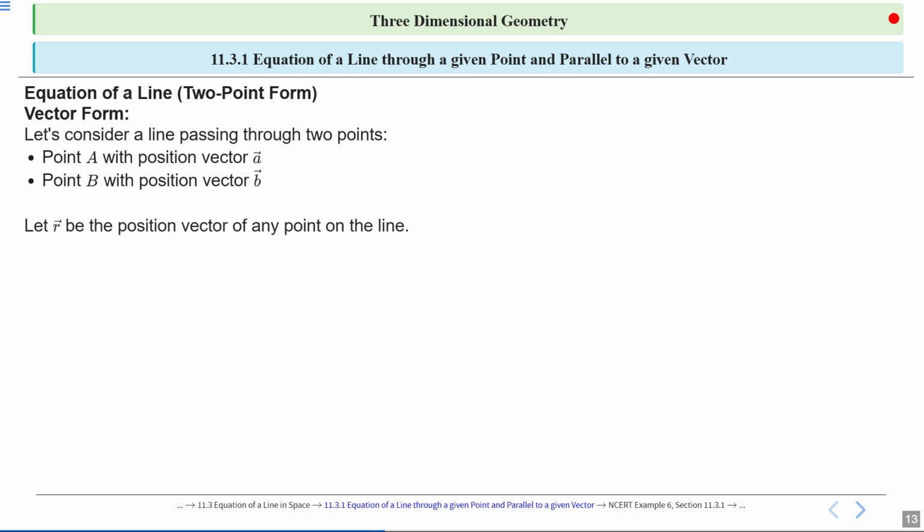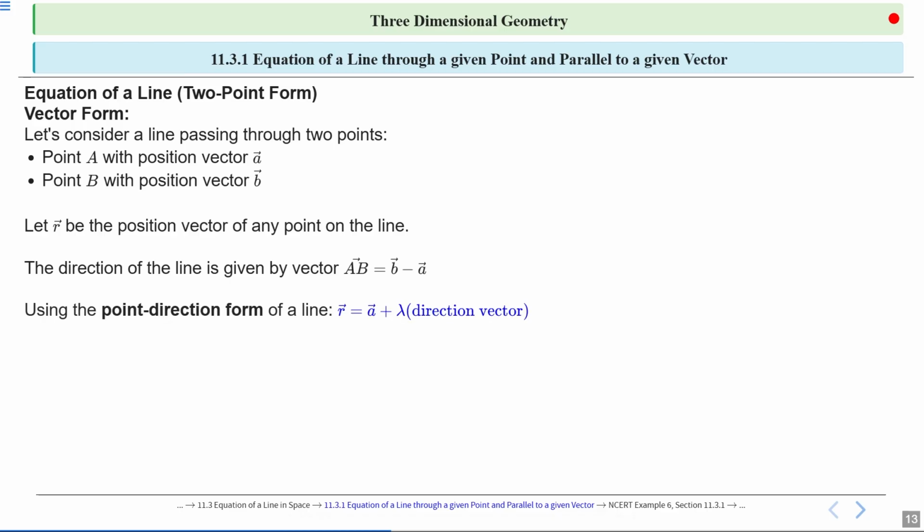Let's introduce vector R, which represents the position vector of any general point on the line. The direction of the line is given by the vector AB, which is vector B minus vector A. Now using the point-direction form, we write the equation as vector R equals vector A plus lambda times the direction vector.